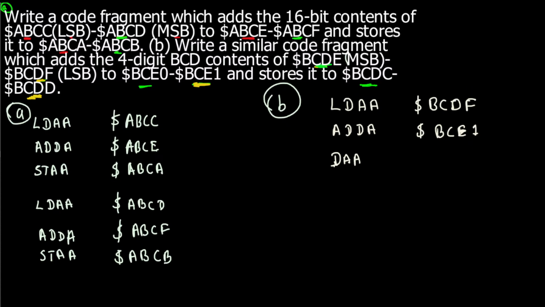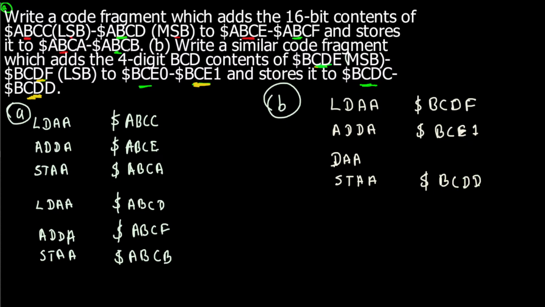So this is going to correct it. That's why we put it right here, and after that we store it. The storing location for the least significant bit is BCDD, STAA BCDD.